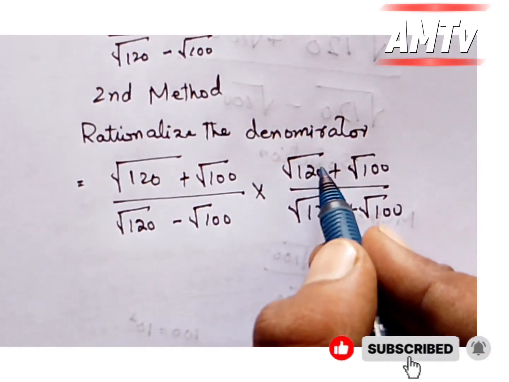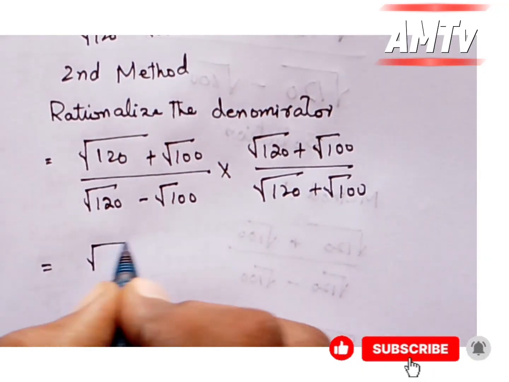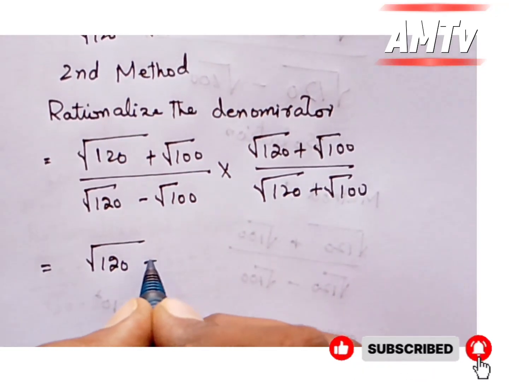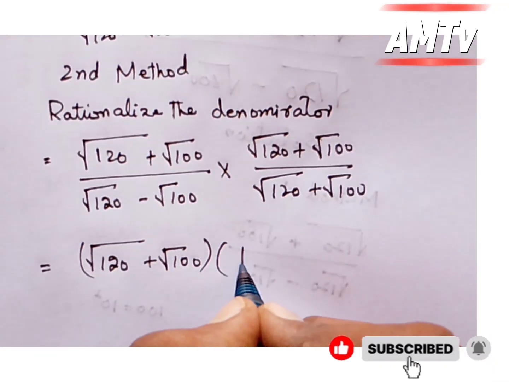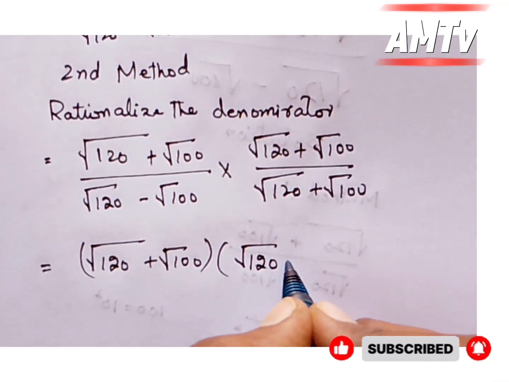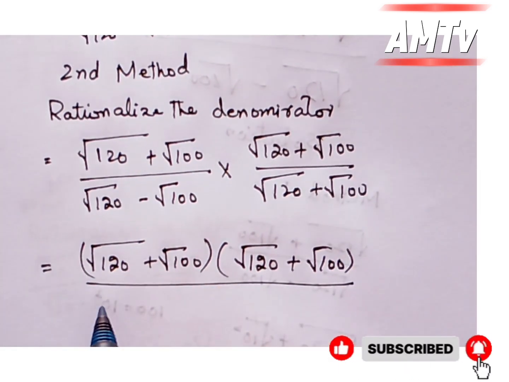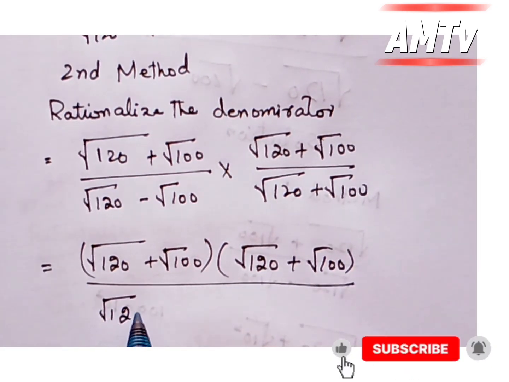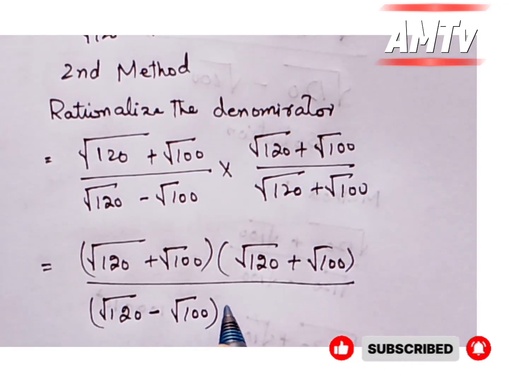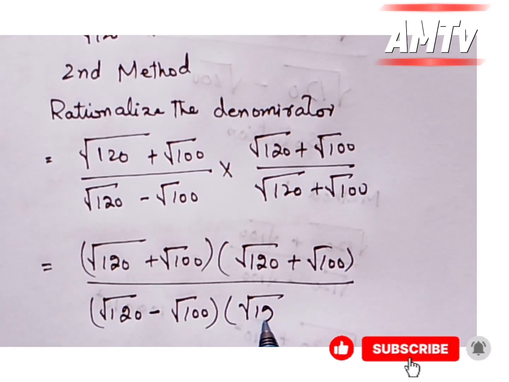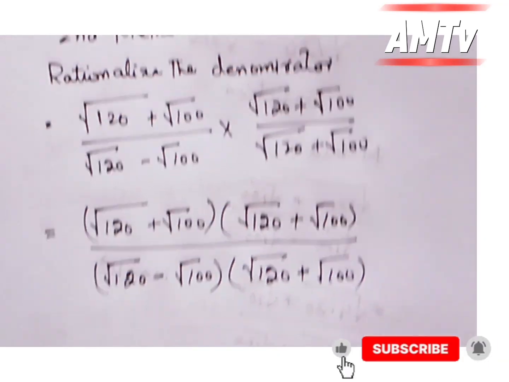Multiply numerator to numerator and denominator to denominator. So root 120 plus root 100 into root 120 plus root 100 divided by root 120 minus root 100 into root 120 plus root 100.